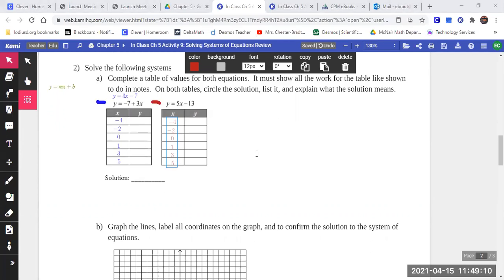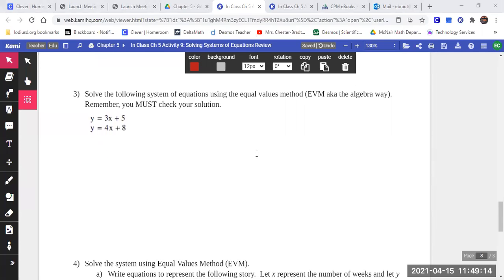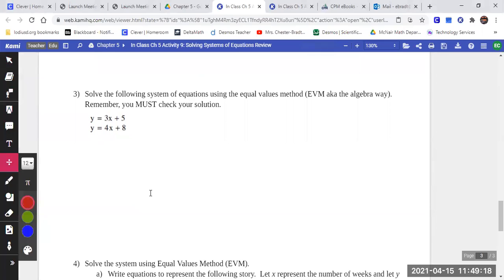We're going to move down to number 3. Because many of you, when you were doing your assignment 2 days ago, didn't bother to read instructions, so you did the worksheet incorrectly.